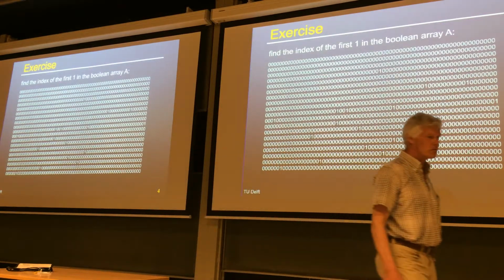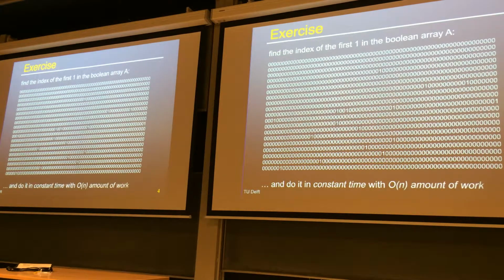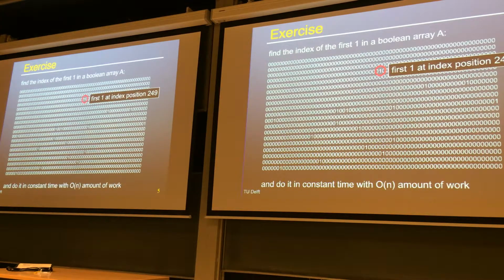That's not that easy, and the solution is that here you will find the first one, and it is on index position 249. But how to come up with such a result in constant time with a minimum amount of processes?